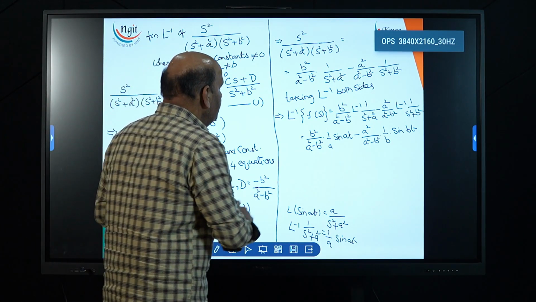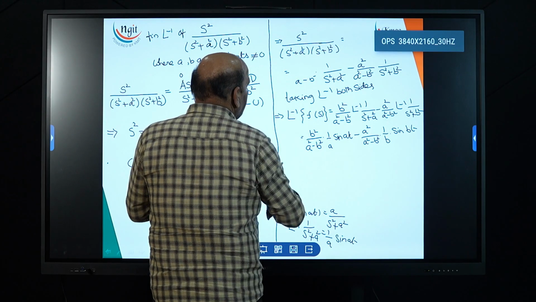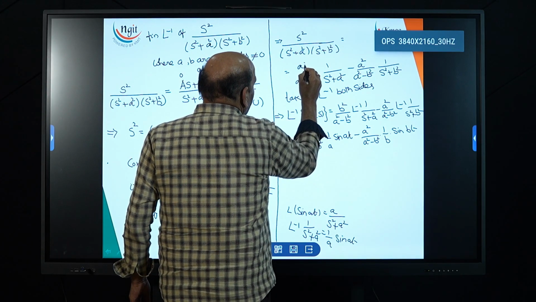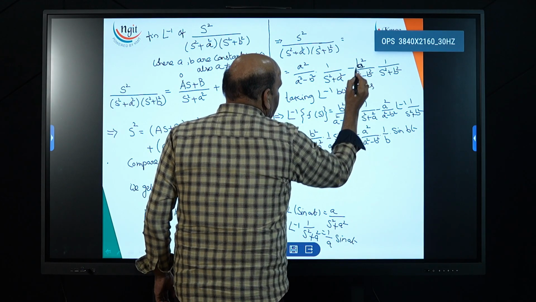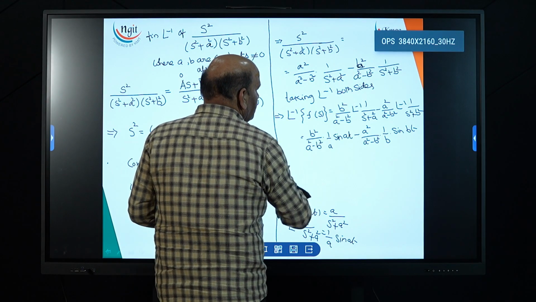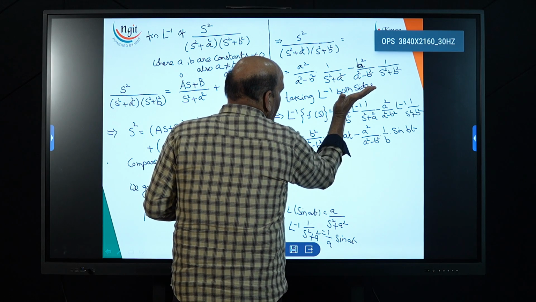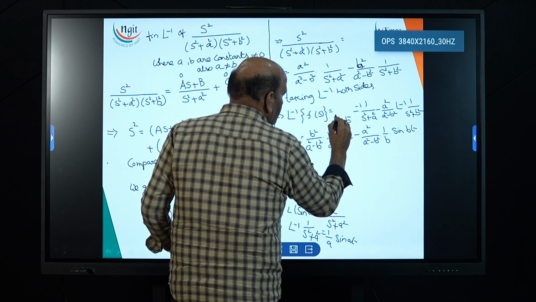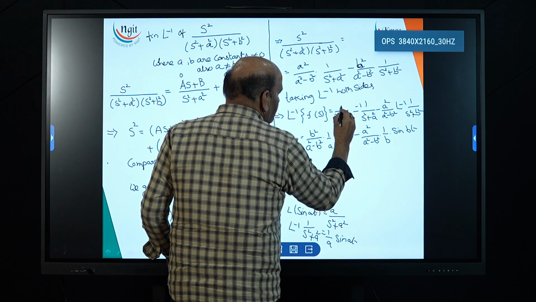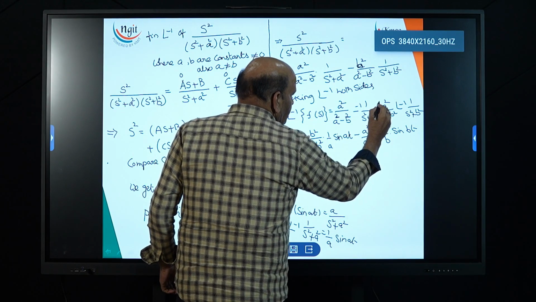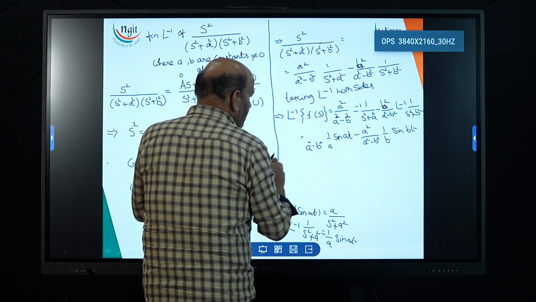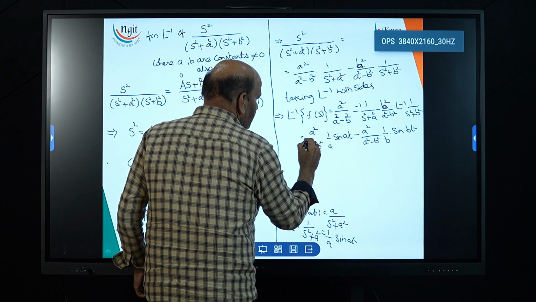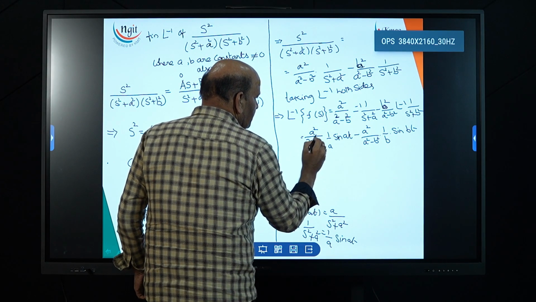So now constant a square by a square minus b square. This is b square. Now this also, the value is a square. This is b square. Now this is a square by a square minus b square.